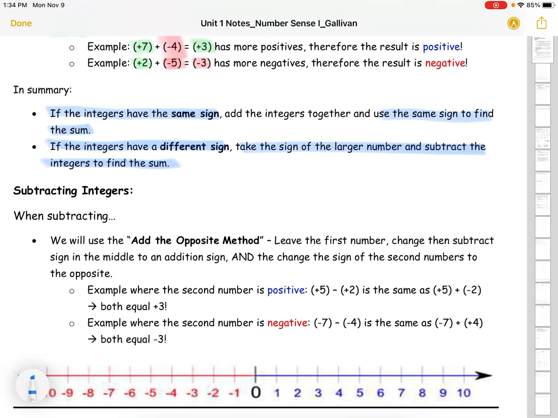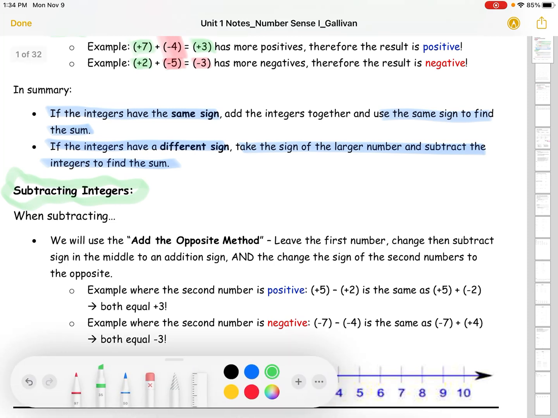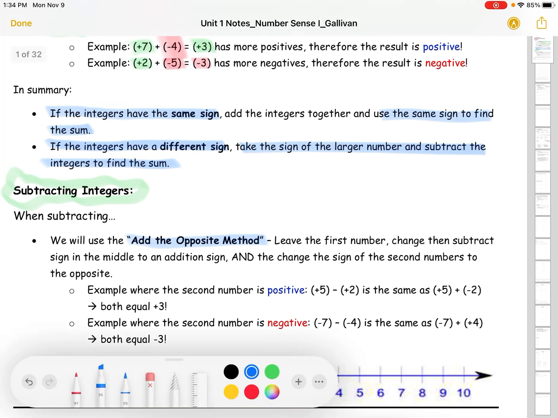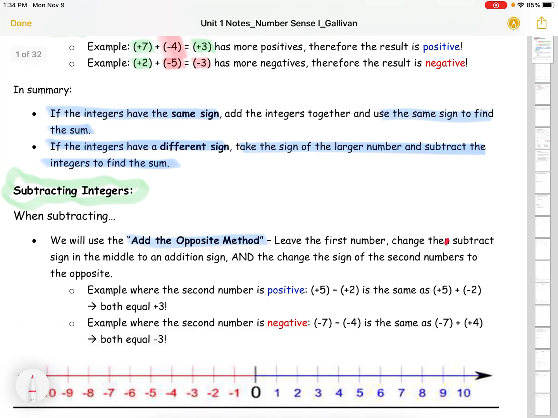Now we're going to look at subtracting integers. When you're subtracting, we're going to use the add the opposite method. I always like to physically change the sign. So leave the first number, then change the subtract sign in the middle to an addition sign, and then change the sign of the second number to the opposite.